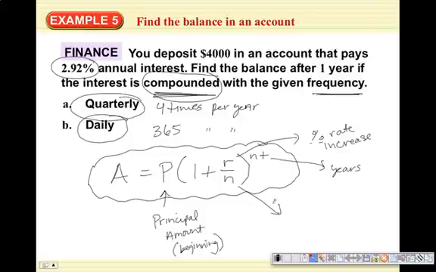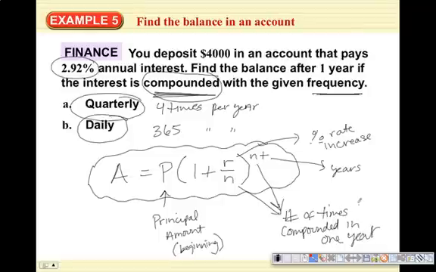But N is the thing that changes. N means the number of times compounded in 1 year. That's the key. So if I say, hey, you compound this quarterly, that means my N is 4 times a year.